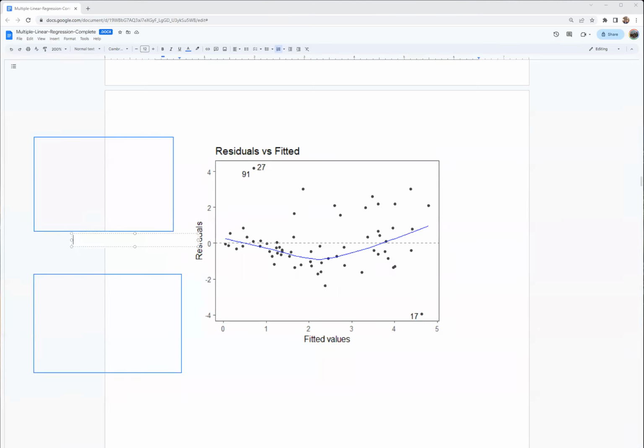Okay, and then we have fitted values. Maybe we have something like this, and we've got the straight line through the middle. Some examples where this would be violated is if you have something like this.